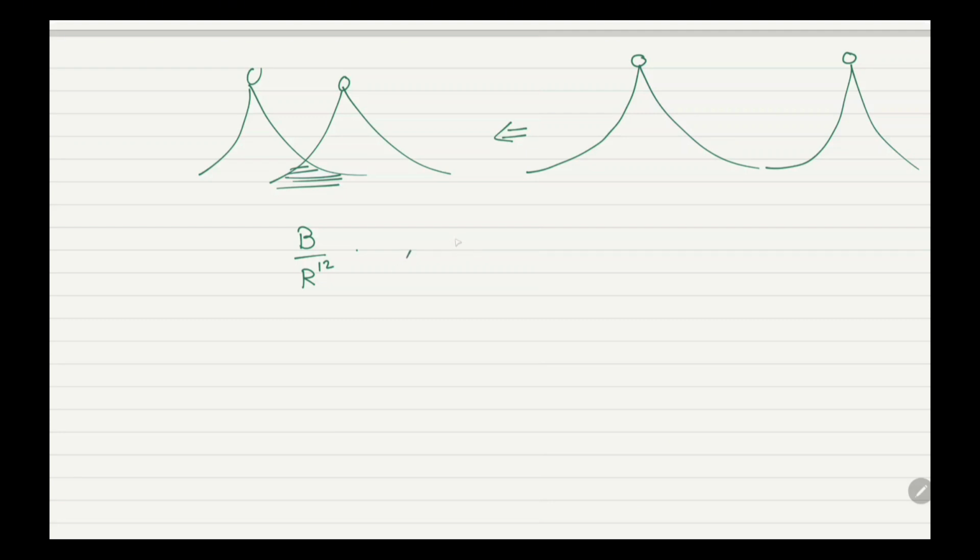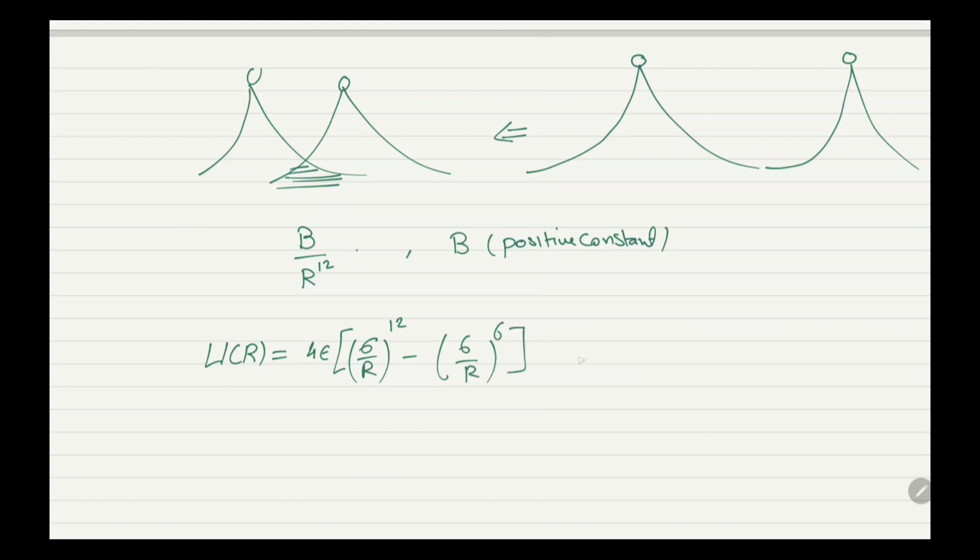In such a way, B is a positive constant, and therefore the total potential, let's name it UR here, equals 4 epsilon times sigma over R to the power 12 minus sigma over R to the power 6, and this is called the Lennard-Jones potential.